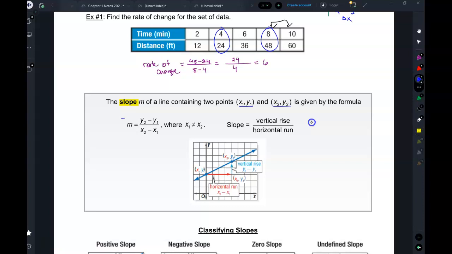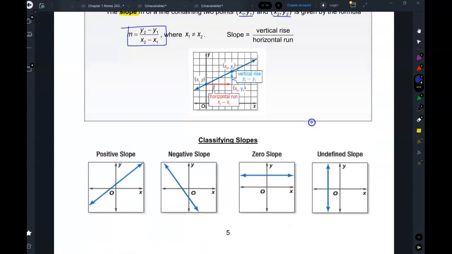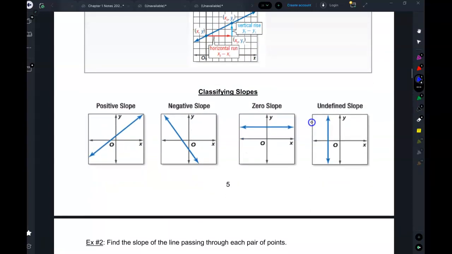And then the slope is y2 minus y1 over x2 minus x1. And that's exactly what we did here: the change in the y, the change in the x. We did it conceptually. We didn't even know that we were following that formula. And you guys know all about how to find slope because we've been doing it since algebra.